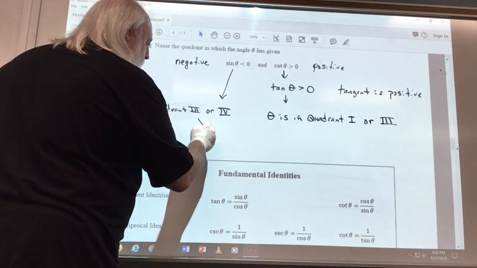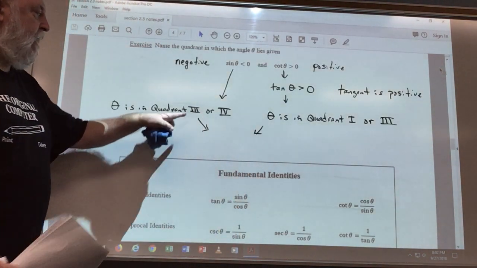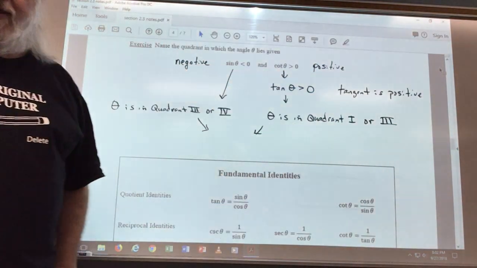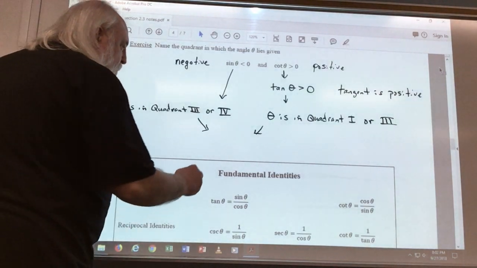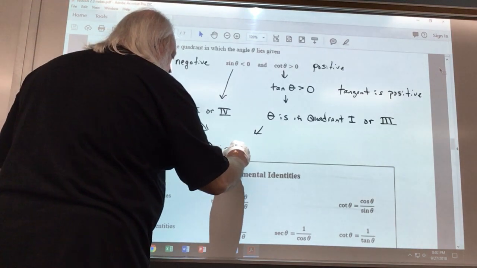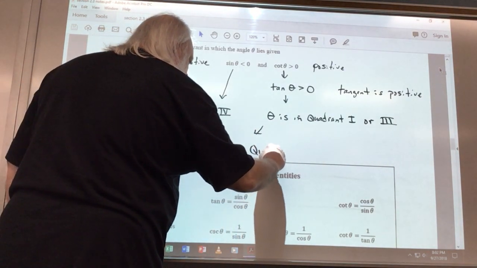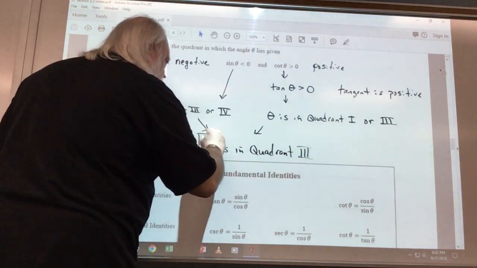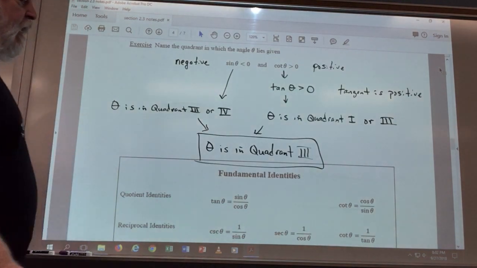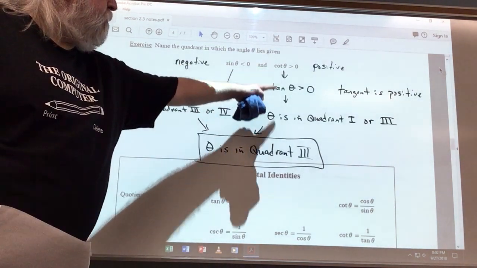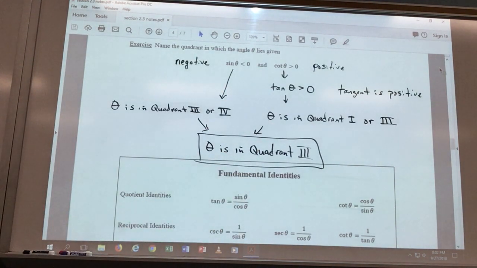Well, only if theta lies in quadrant 3 does it satisfy both pieces of information. And so we deduce, using deductive reasoning, that theta lies in quadrant 3. And we're done, okay? We figured out what quadrant the angle theta must lie in given these two pieces of information. Alrighty?